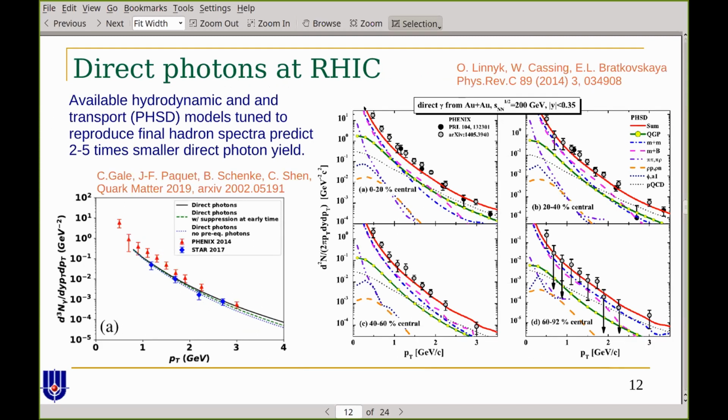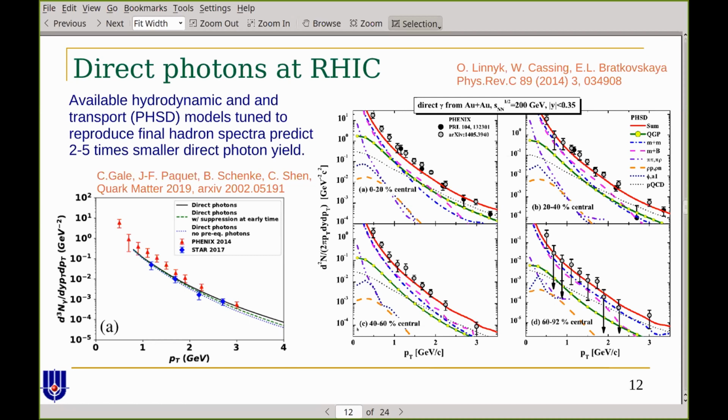Okay, we have a lot of different hydrodynamic calculations of the yield of direct photons, but most of them, if they are fixed to reproduce final hadron yields, flow, and so on, all tend to underpredict the direct photon yield.